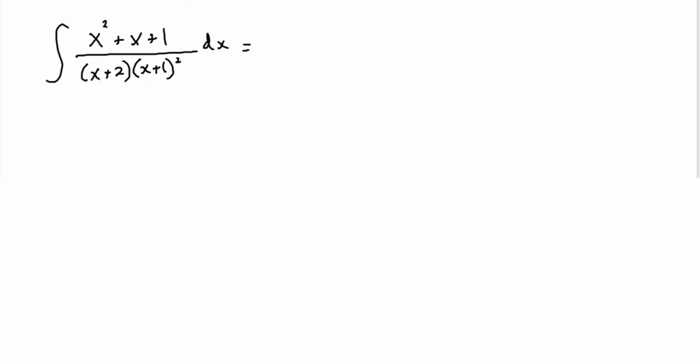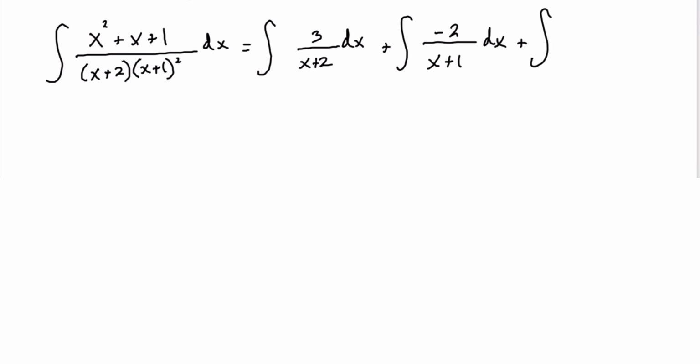We can rewrite that as the integral of A, which we found to be 3, divided by x plus 2 dx, plus the second integral, the numerator was B, we just found that to be negative 2, divided by x plus 1 dx, plus the third integral, C, which we found to be 1, divided by x plus 1 squared dx.